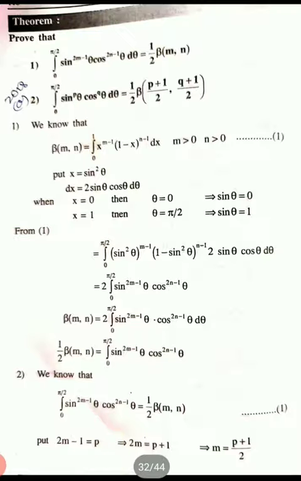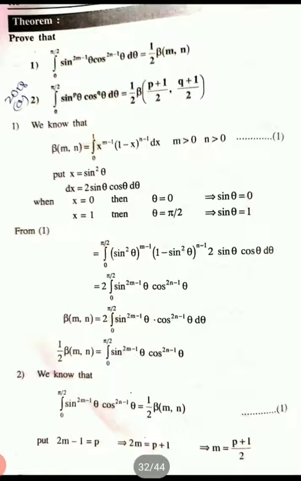Integration 0 to pi by 2 sin raised to 2m minus 1 theta into cos raised to 2n minus 1 theta into d theta. Okay, that 2 can be taken to the LHS. What you get? 1 by 2 beta of m, n is equal to integration 0 to pi by 2 sin raised to 2m minus 1 theta into cos raised to 2n minus 1 theta into d theta. So this is the first proof.